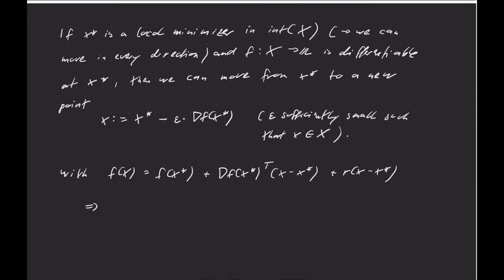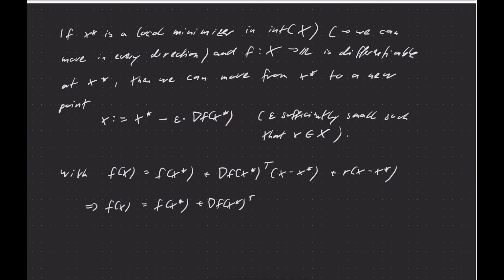So what does that mean? Well, if we use our definition of x here, then we get the function value at the new point is the same as that at the old point, plus the gradient transposed, and now x minus x star. That actually means that this part here vanishes, so we're left with that second part here.